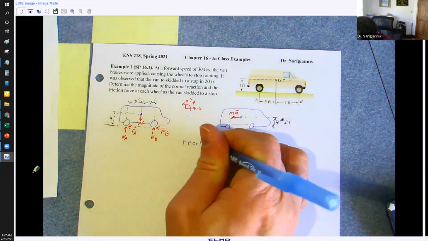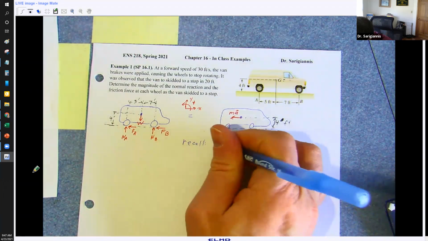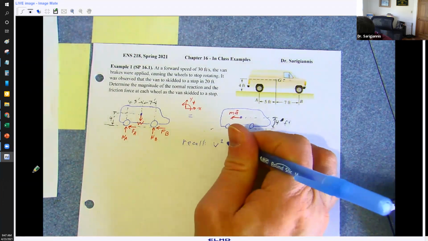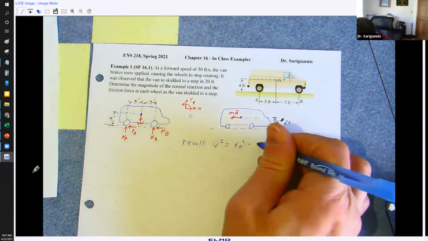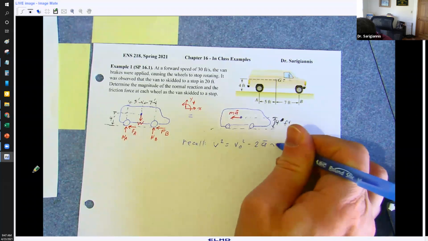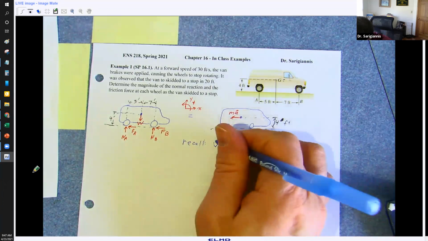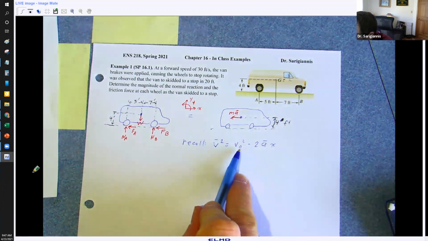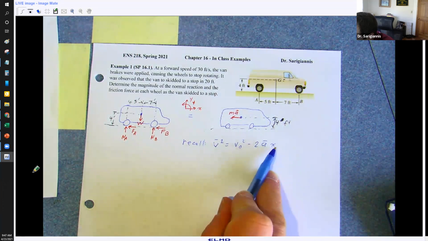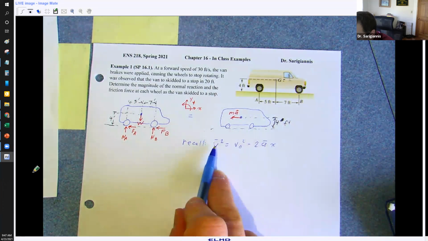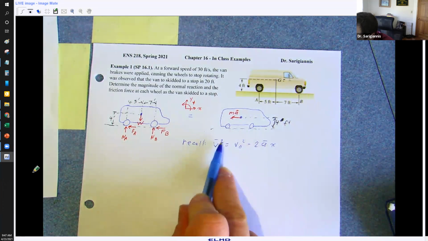Recall v squared equals v naught squared minus 2ax. These are average velocities, right? We have an initial velocity, we have a constant deceleration, we have a distance, and we have a final velocity, right?